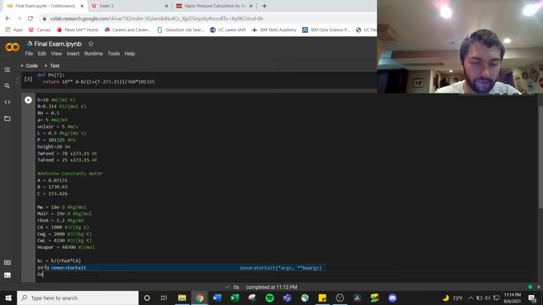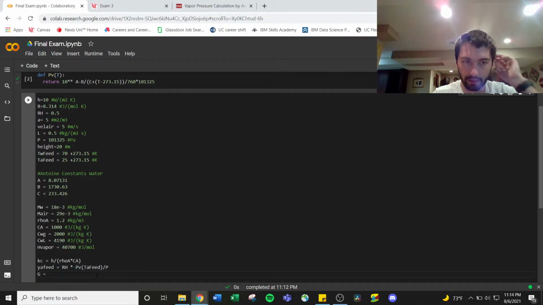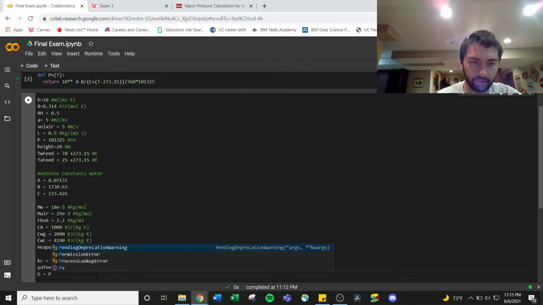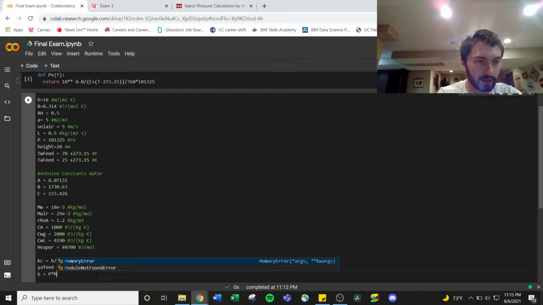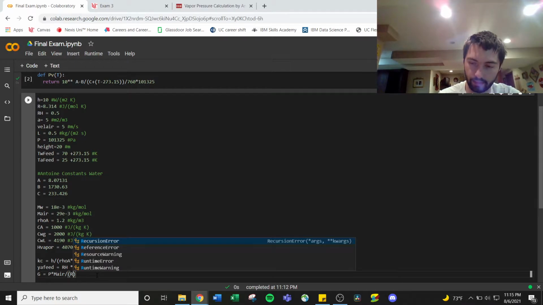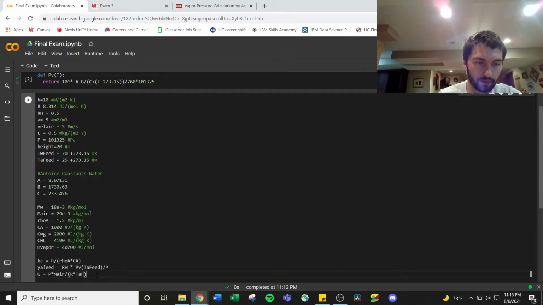So we called that G, so we'll say G air, or we can just say G. And that's equal to pressure times the molecular weight of air divided by R times PA feed. And that's how you get the gas flow rate.